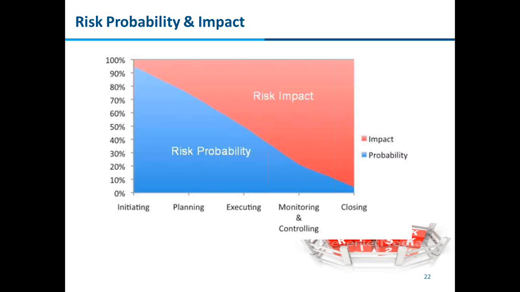You are not sure whether the customer really needs this, whether you will get the required team, whether you will be able to complete on time, or whether the contract and other required things will be available on time. But as time progresses, the risk probability decreases a lot. At the closing phase, the risk probability is not zero, but it is very low.